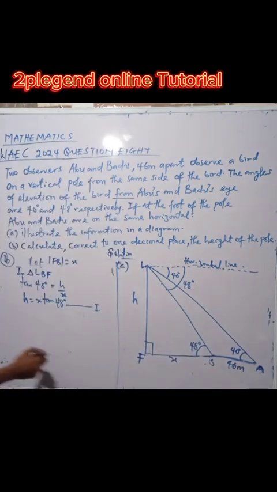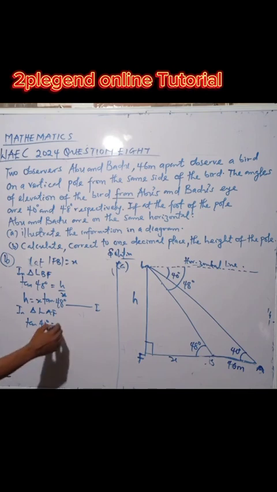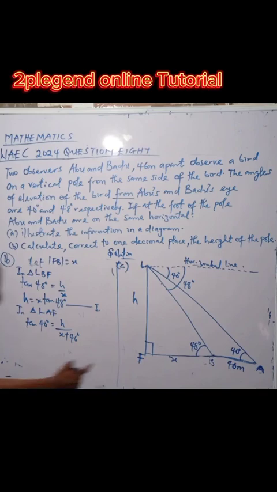Now again, go and consider triangle LAF. So in triangle LAF, what do we notice there? We see that our tan 40 degrees is equal to H over x plus 46, the whole of this distance.